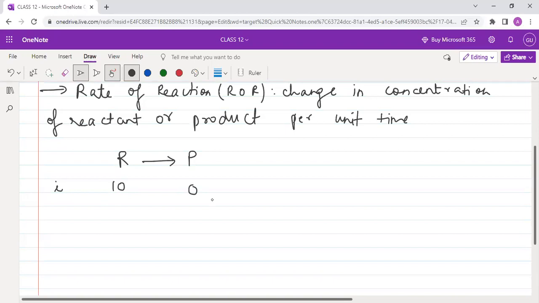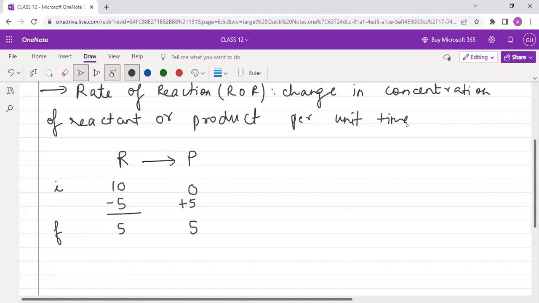Suppose it has decreased to 5. So the remaining concentration is 5, and 5 reactants have been transformed into products. That means 5 products have been formed. So the final concentration is 5.